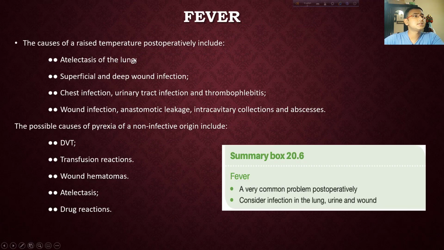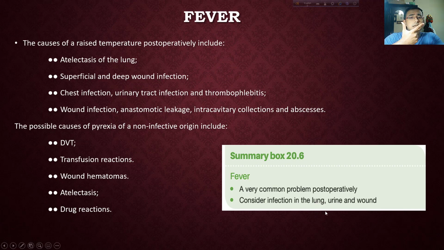Now fever is very common because if there is any cut or inflammation, fever is a common symptom of inflammation. Consider infection of the lung, urinary tract and the wound. If fever comes, first ask whether there is any lung infection: does the patient have cough or any change of voice?